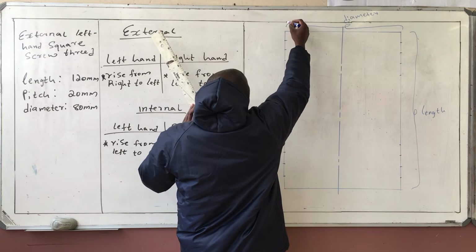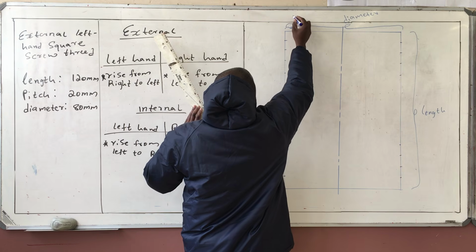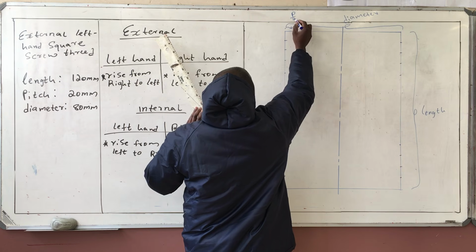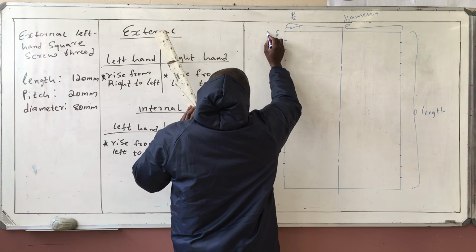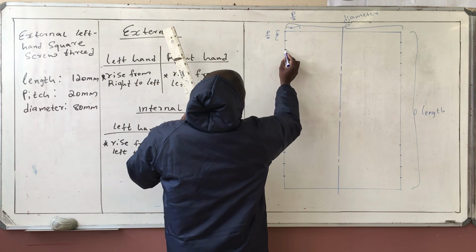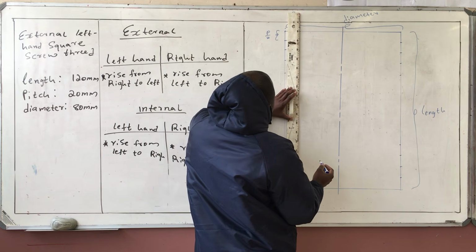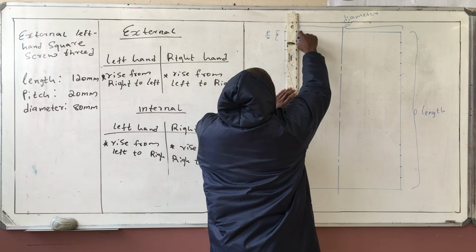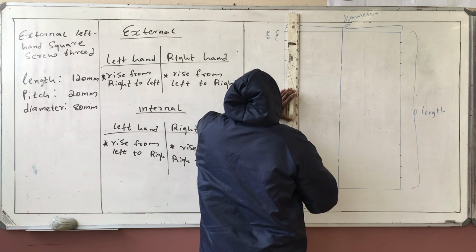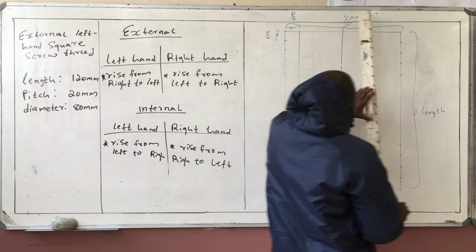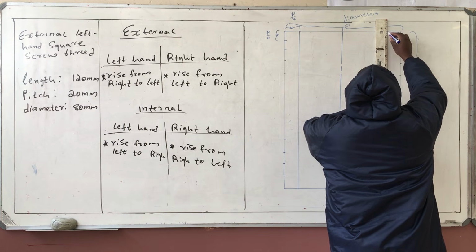Even here, you must also measure from there to there, pitch divided by 2. From this edge towards the center, this one is pitch over 2. All these divisions are pitch over 2. After making this one pitch over 2, you draw a downwards line using a fade line. The same applies on this side. You measure pitch over 2.